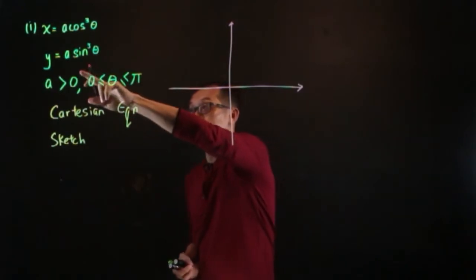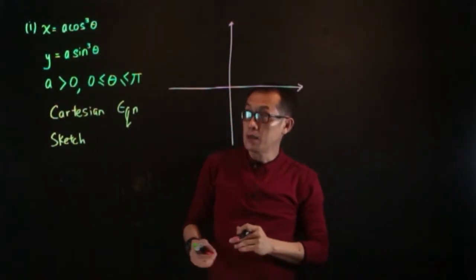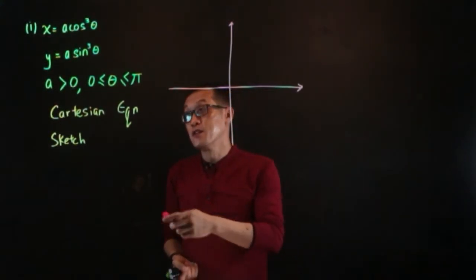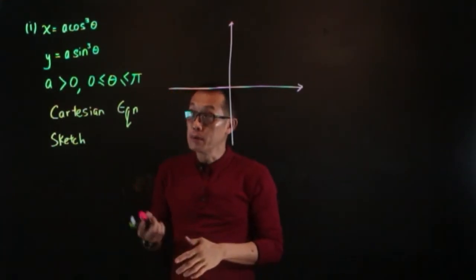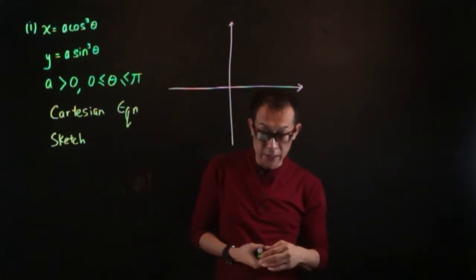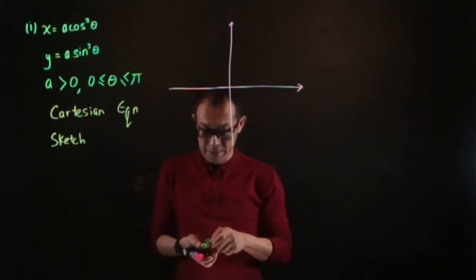Now you realize that there's a variable a here. Sometimes we can cheat a little bit. We can assign a number to a. Let's say you key in the GC that a is 2, and then we look at how your graph will look like.